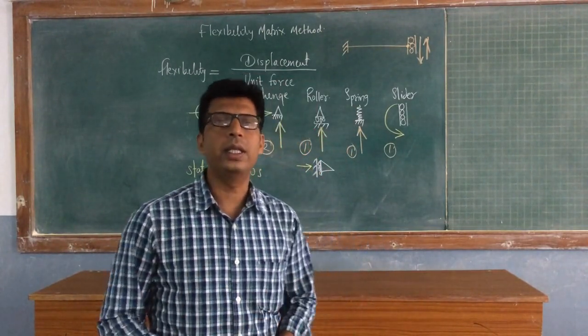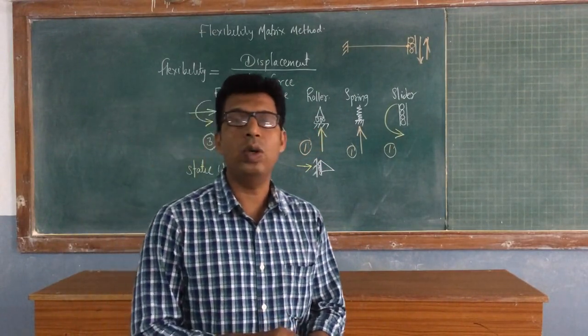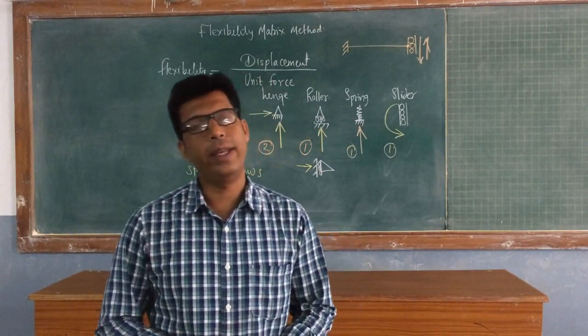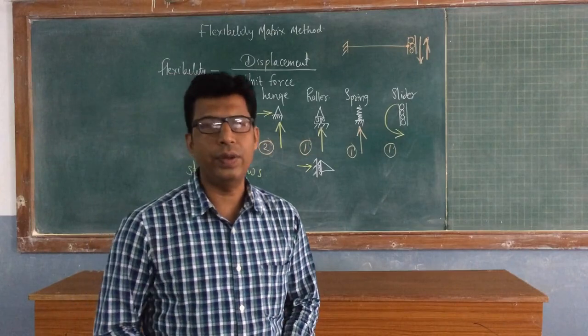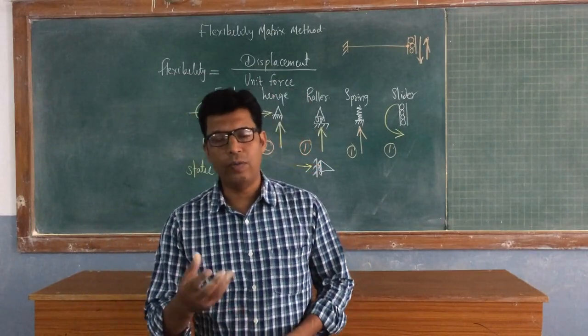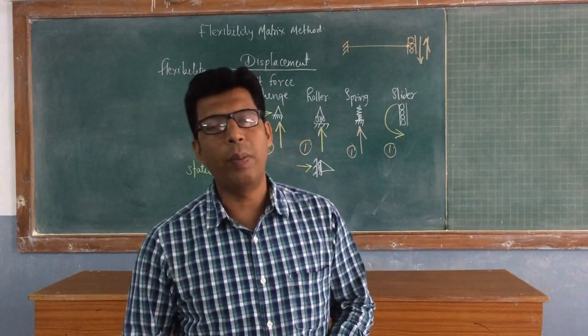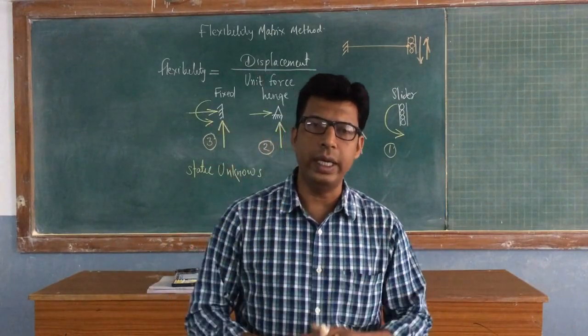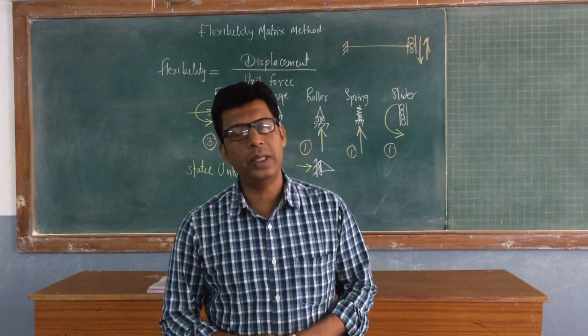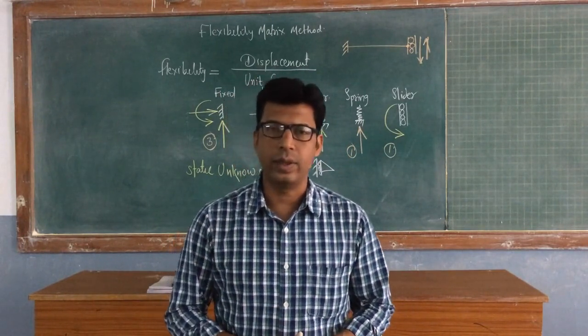So this is the number of static unknowns or reactions in the various supports. In the next session we will start the actual fundamental part of flexibility matrix method, how to use the compatibility conditions and the actual flexibility matrix method. We will start in the next class. Okay, thank you.